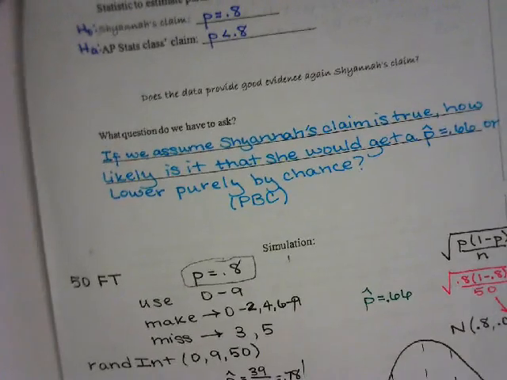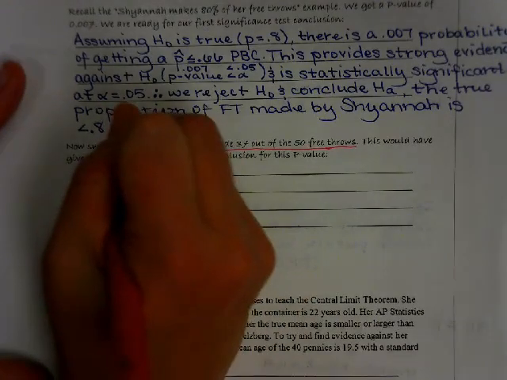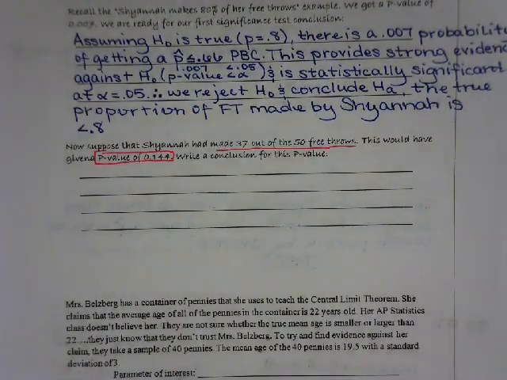Which is greater than alpha, so it changes our conclusion. That way you guys can see both ways you write a conclusion. Both ways start by saying assuming H null is true.